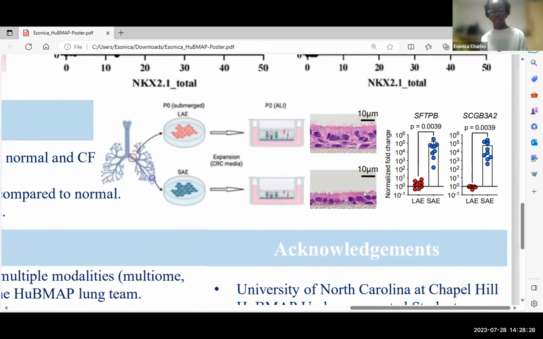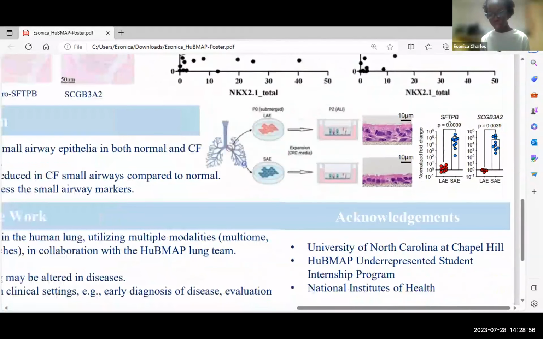Moving on to some in vitro data, on this graph for small airways, we see that there is a high expression of SFTPB and of SCGB3A2, noted by the p-values. And it was nice to know that the data that we did somewhat correlates to previous in vitro data that was done by the lab.